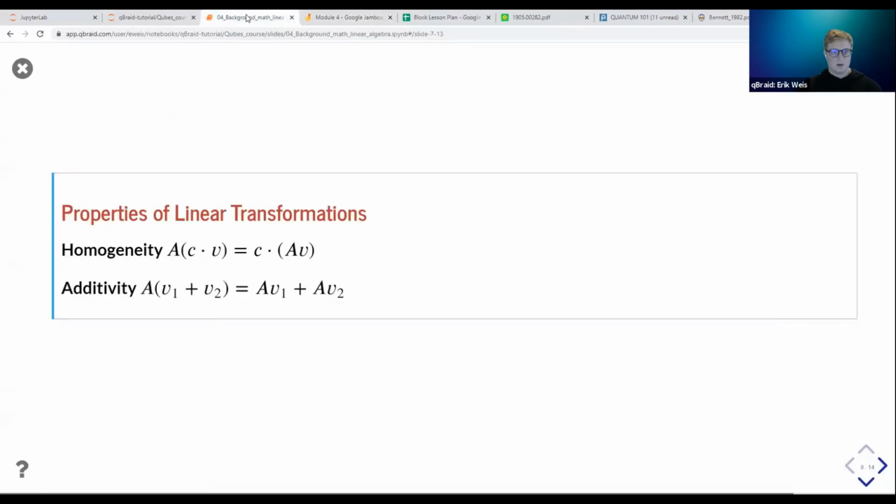Great. Okay, so the second property, which is equally, if not more important, it'd be hard to say which one is important because they both matter, but we're going to make use of this additivity property a lot.